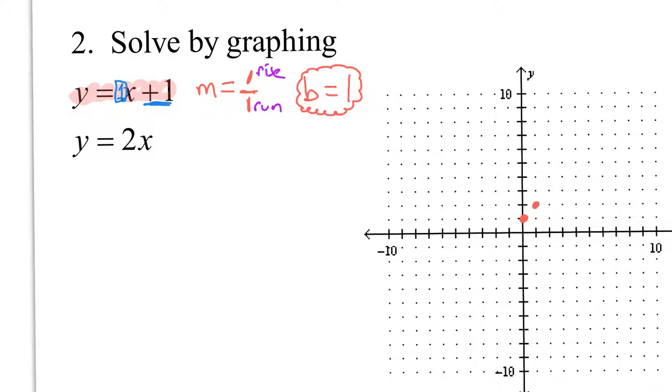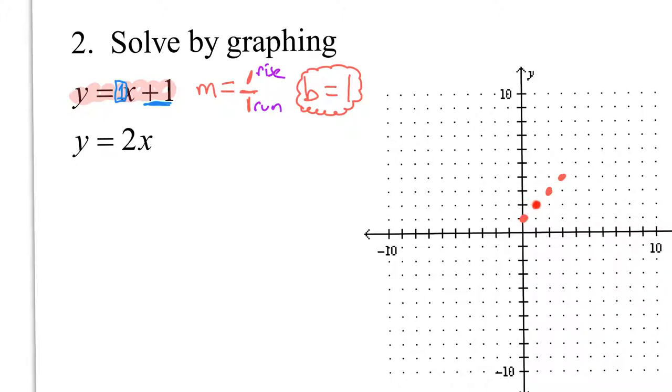Now, it's a good idea when you are solving a system by graphing to make more than 2 points. Maybe 4, 5, 6. The more points you have, the more accurate it's going to be to help you find the answer. So I'm going to go 1 up again from here, 1 to the right. I'm going to make more points. 1 up, 1 to the right. And you can also go the other way from the y-intercept.